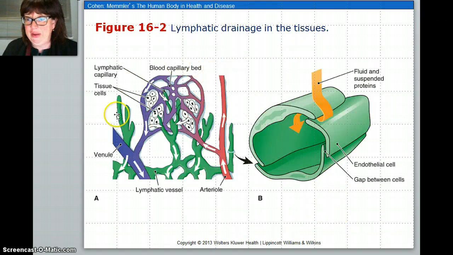When we look at the capillaries, blood capillaries have tight junctions, but the lymphatic capillaries do not have such tight junctions. There's a gap between cells. So as a result, the fluid and suspended cells in the interstitial fluid that didn't get taken back into the capillaries can be put into the lymphatic system.